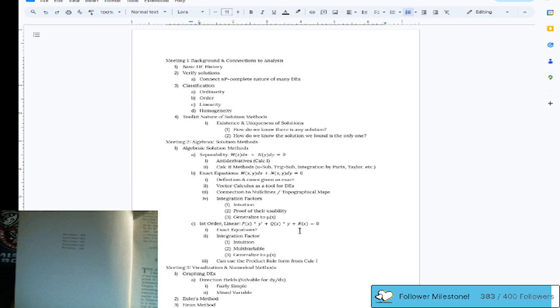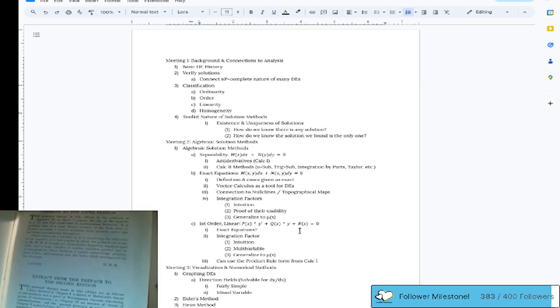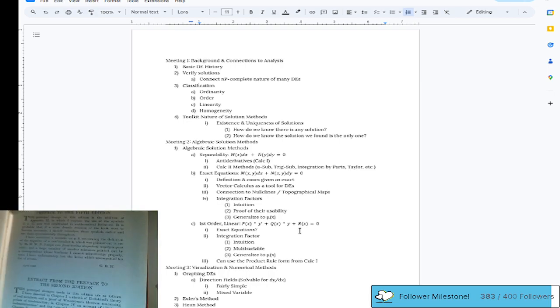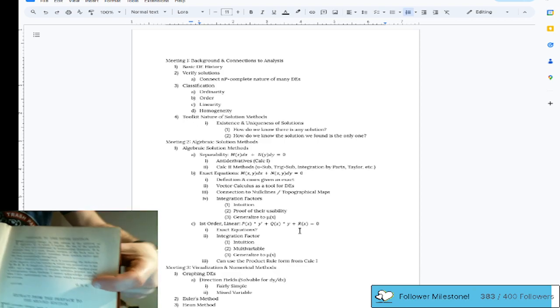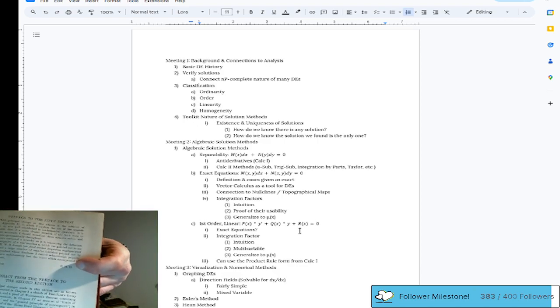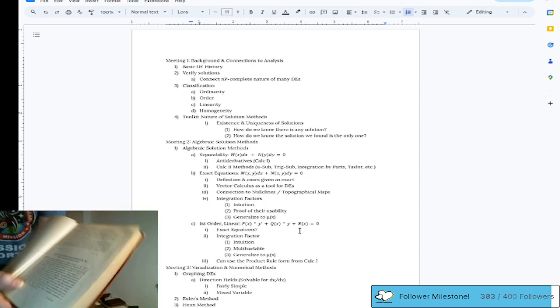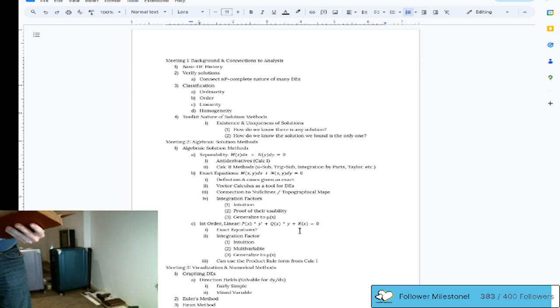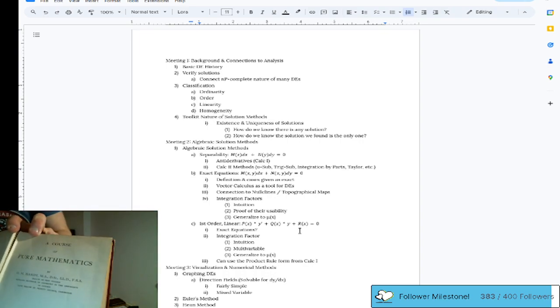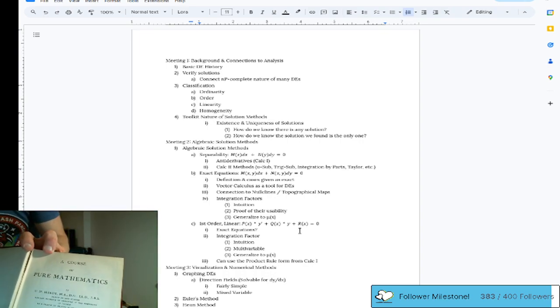preface to the 5th edition of... Those initials ought to be familiar. Cambridge University Press, A Course in Pure Mathematics by G.H. Hardy.